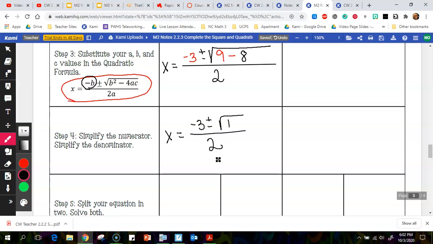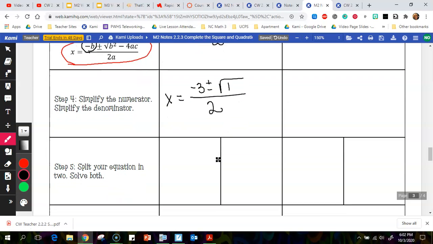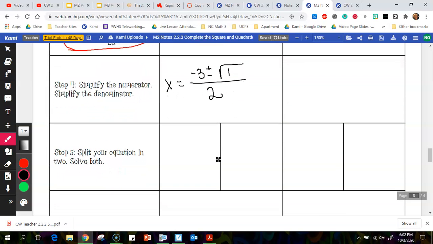Then we can split it into 2 different sides by taking the 1 out from under the radical. So it's going to be negative 3 plus the square root of 1, and the square root of 1 is 1, over 2. And then the other side is going to be negative 3 minus 1 over 2.